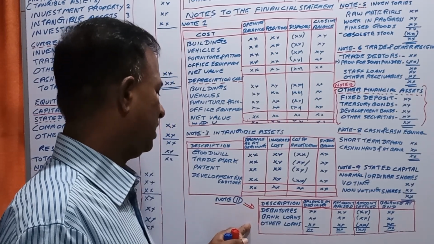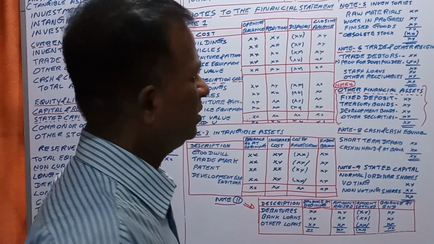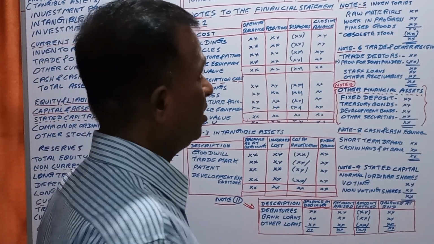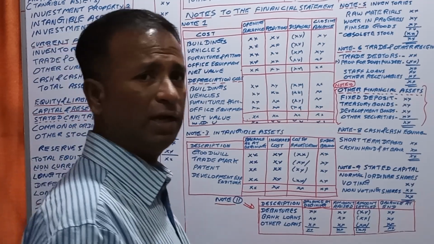Bank loans and other loans are also there, right? Redemption of debentures and redemption of preference share capital we can see later on.